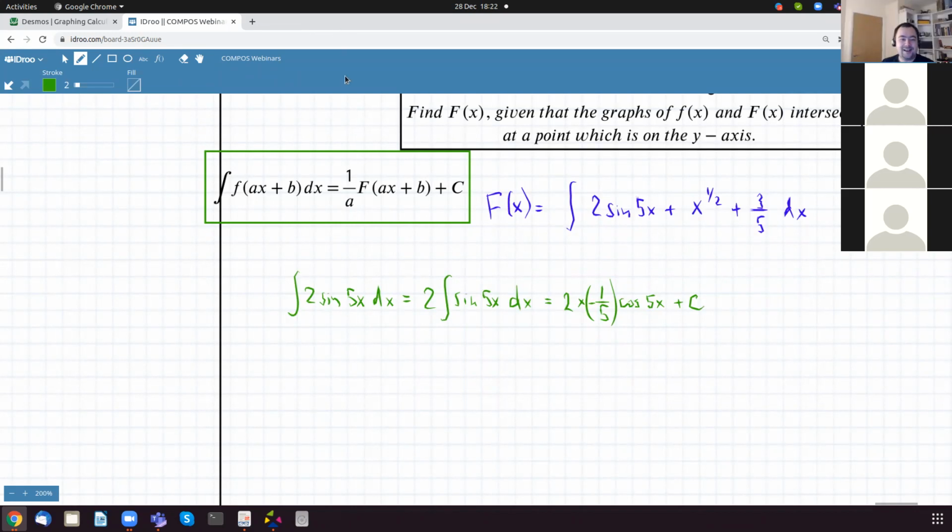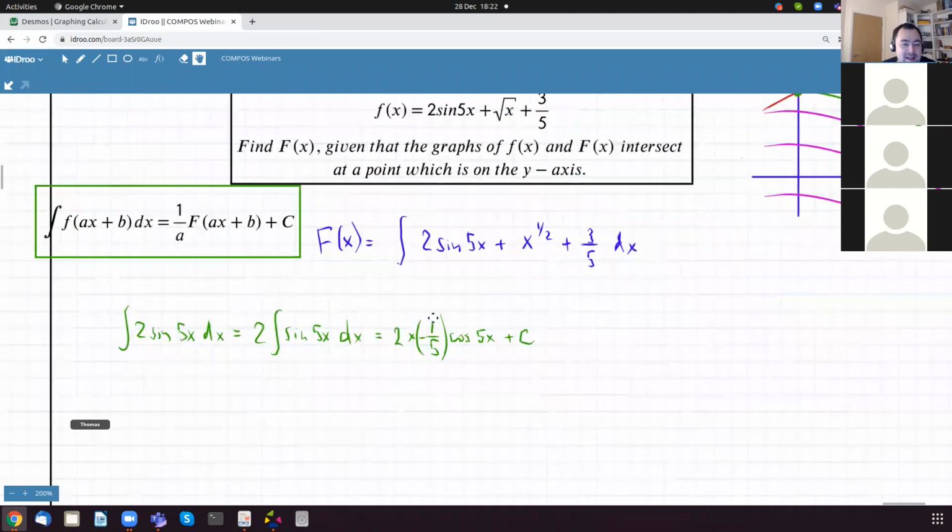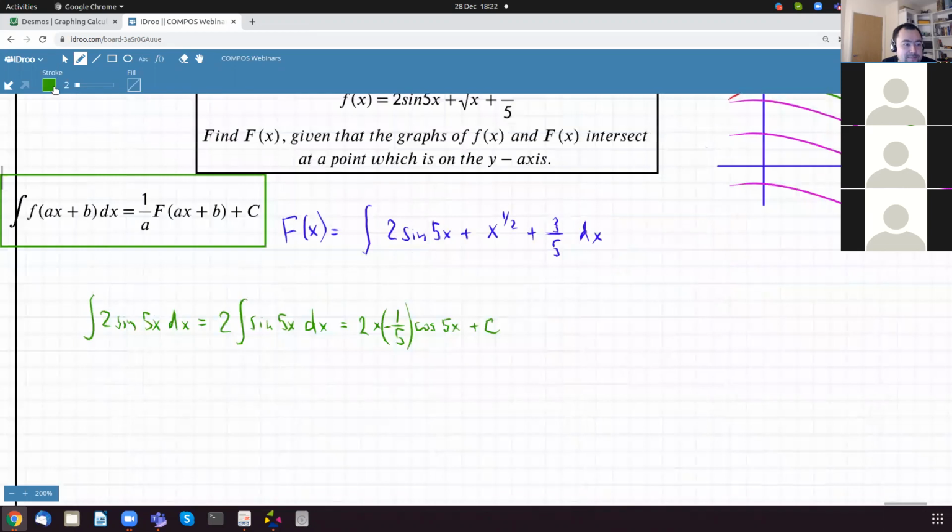Apologies. Okay, so we know this result, and we're going to use that here. I'll just write it here. F of x equal to minus 2/5 cosine 5x.